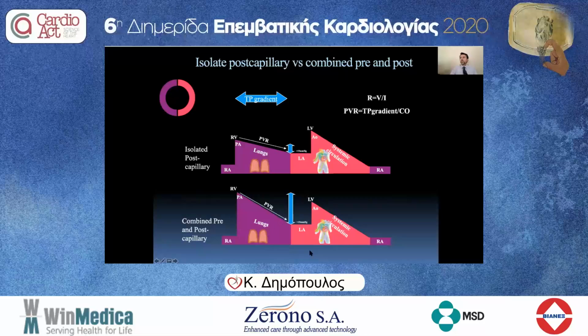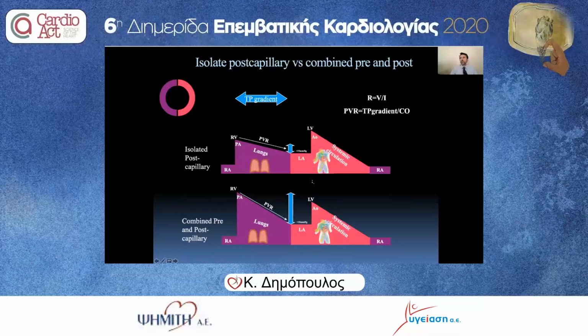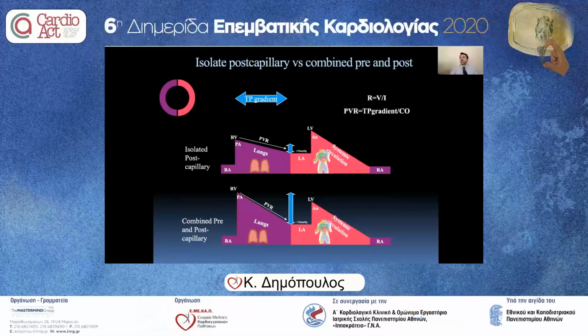And this is important to know because in these cases, in isolated, if you relieve the left-sided obstruction or other problem, you may normalize PA pressures, whereas in this case, you can have residual pulmonary hypertension, which will, for example, after a mitral valve operation, can complicate things significantly for the RV and for the patient.